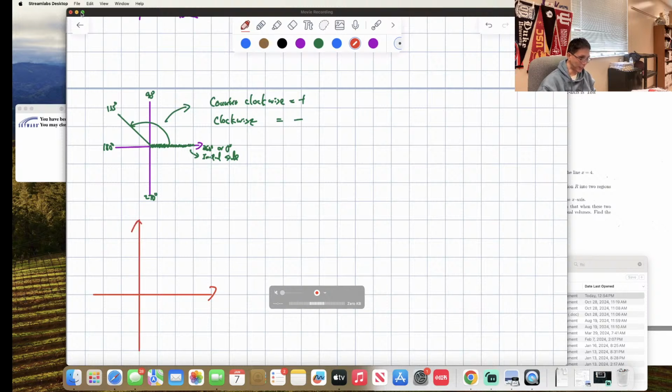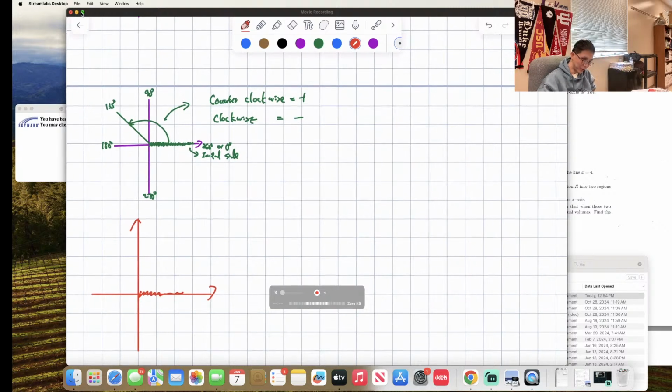You start with the initial side, which is right here, and you go down, because clockwise is negative. So here is negative 90 degrees. Counterclockwise is positive, and clockwise is negative. Is that okay?